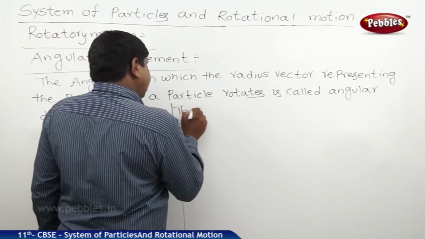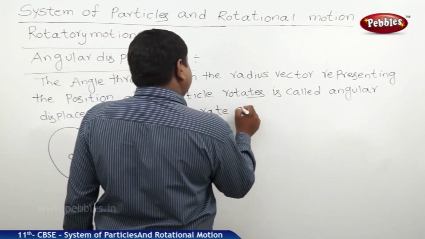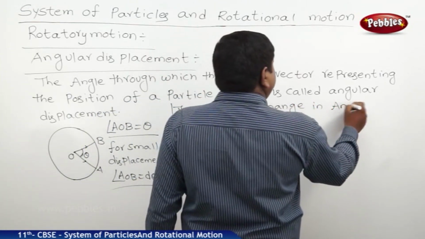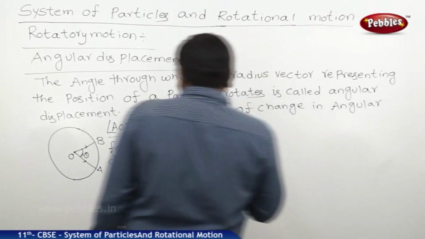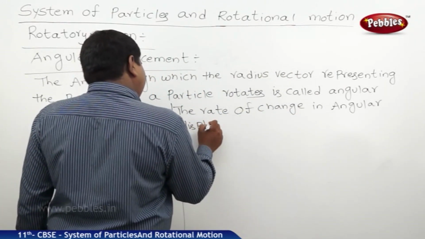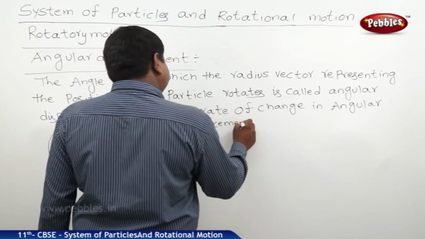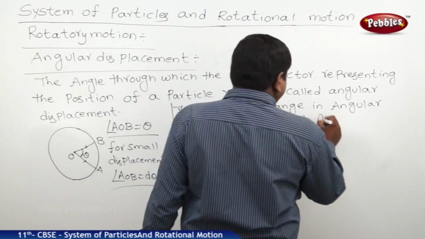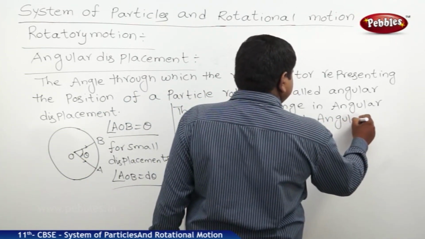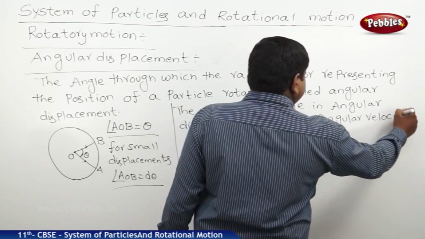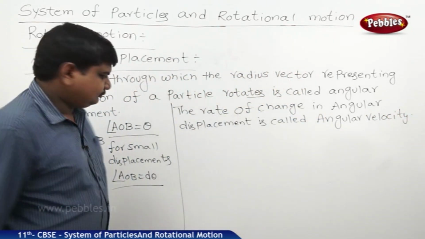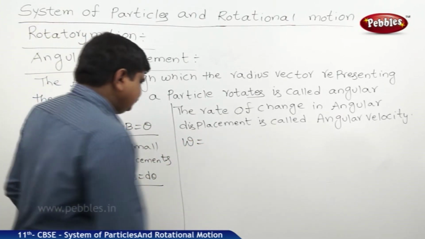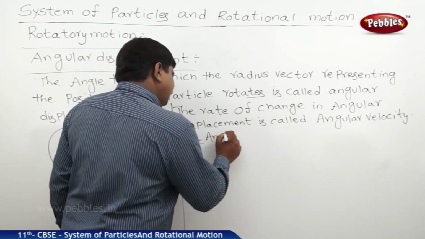So the rate of change in angular displacement is called angular velocity. The symbol of the angular velocity is omega. It is equal to angular displacement by time.